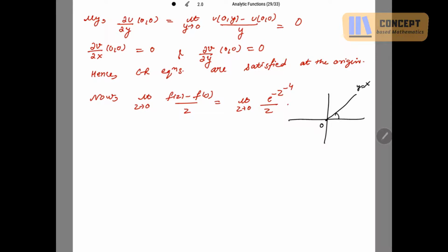What is this theta if y is equal to x along this? This theta is pi by 4, we all know that. And this r is positive. If along y equal to x, because it is the middle line, there is a 90 degree angle, so its half here will be pi by 4.